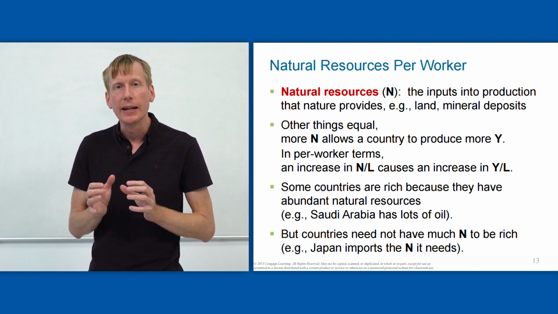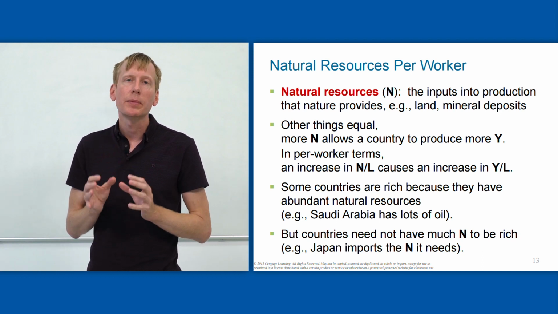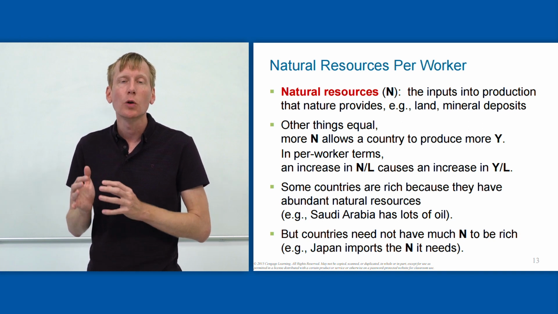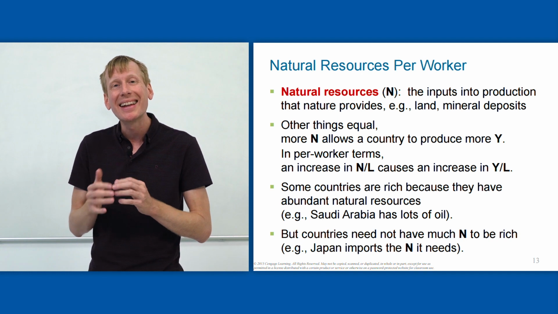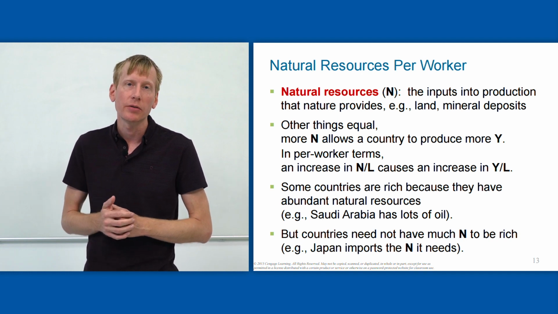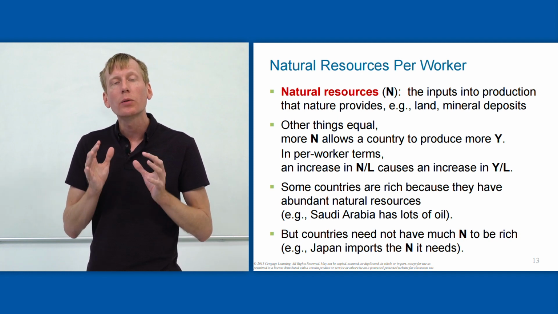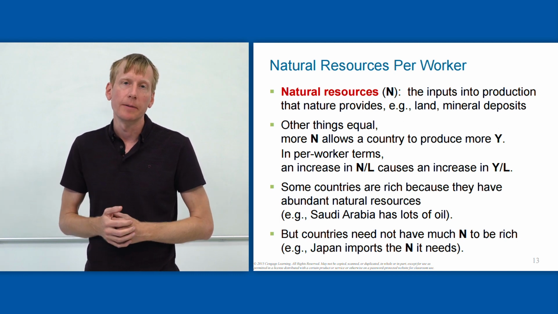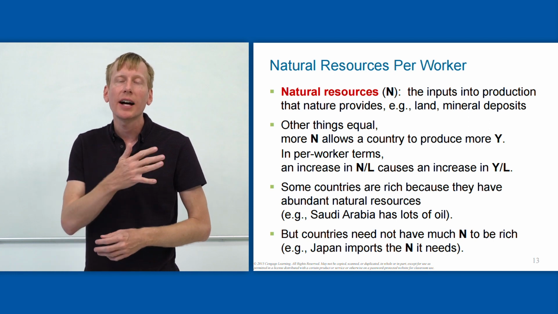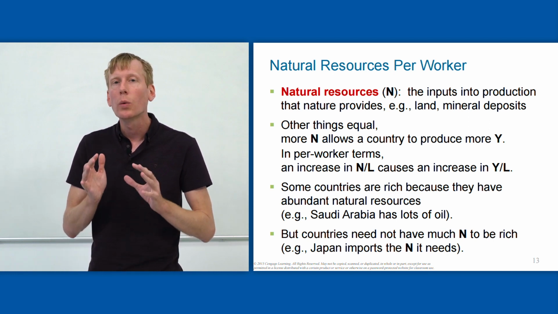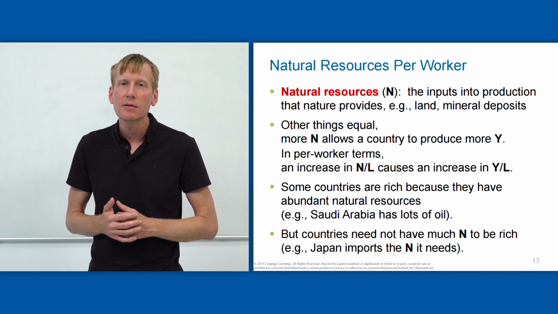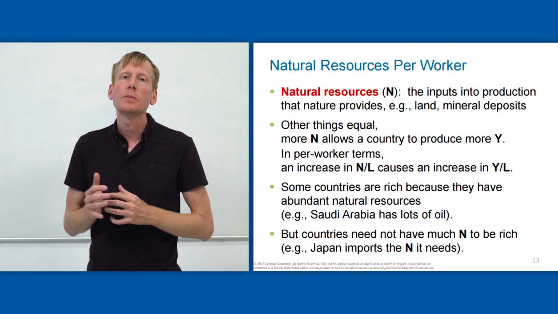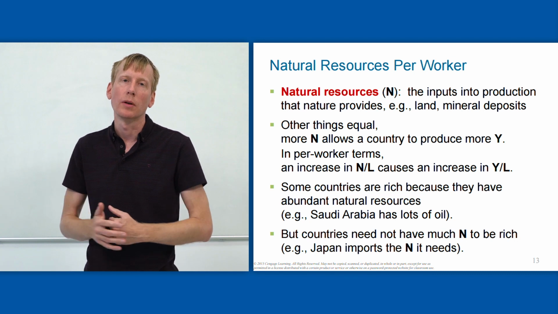Now, as I said, the N is something we can largely do without, if necessary, in a modern global economy, because we imagine that N can be obtained from other countries through trade. If we were looking at a country that could not trade, or at a period in time hundreds of years ago when trade was much more expensive and less likely to occur, N would become disproportionately more important.